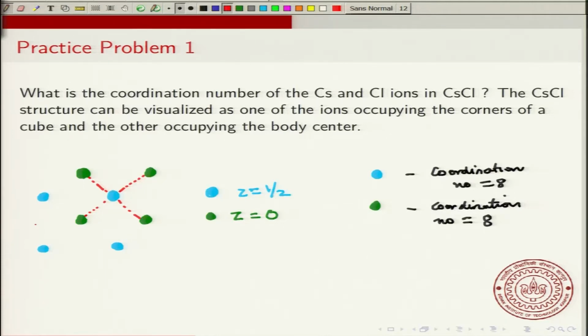So, the number of closest ions of the opposite kind is 8 in both cases. You could also ask questions about the number of closest ions of the same type, and that would be a different answer, and you can easily work that out also. So next I'll go to a different problem.